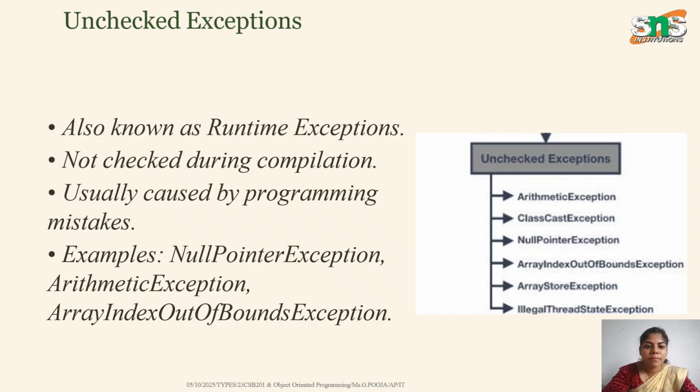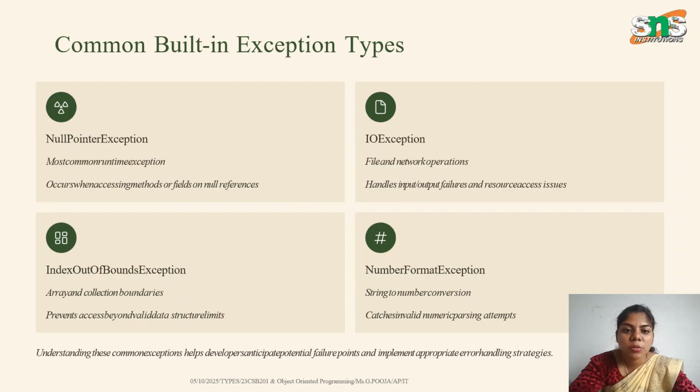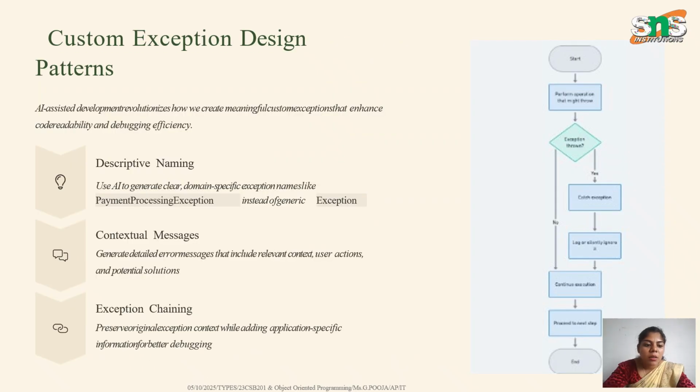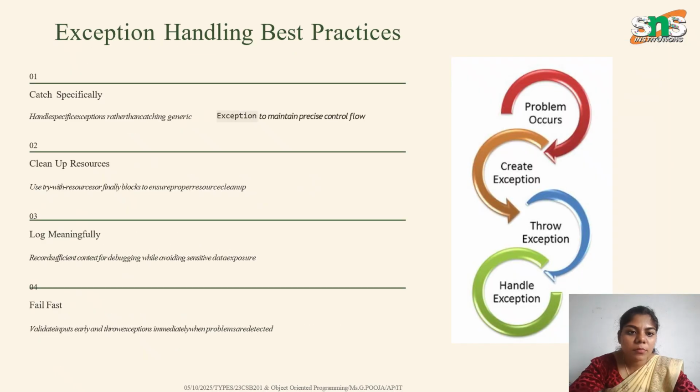So as we said about the unchecked ones and the common built-in exception types, now the best practices in exception handling. To handle exceptions efficiently, follow a few best practices. First, catch exceptions specifically rather than using a generic exception.